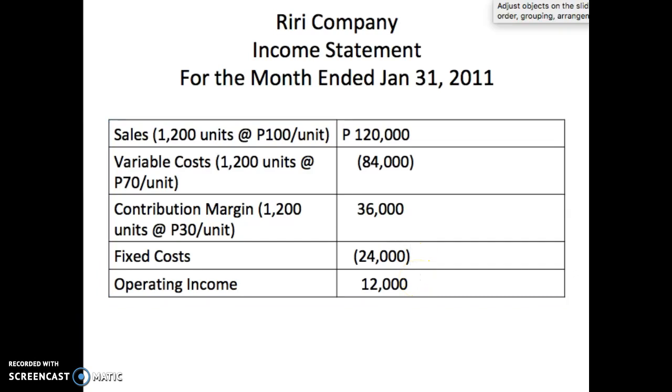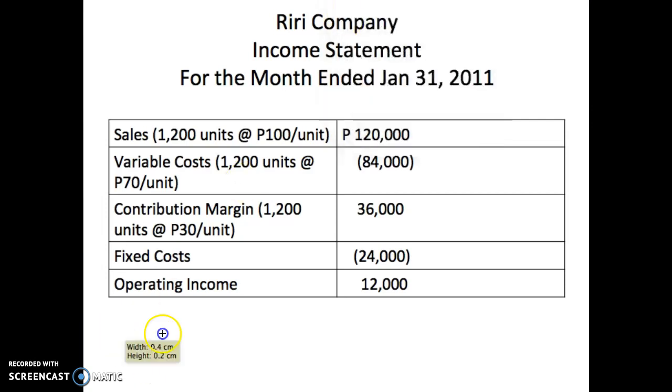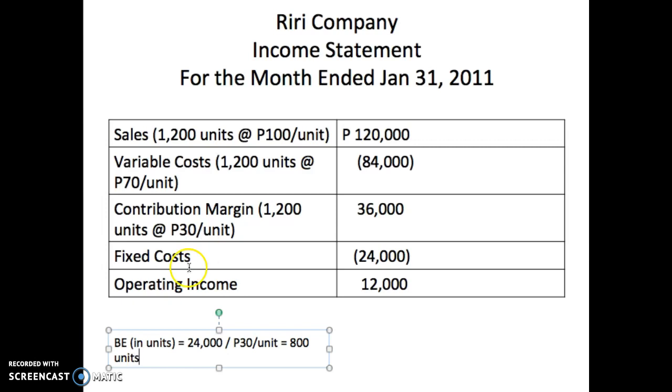Now, if we want to compute the break-even point in units, applying the formula, we divide the fixed cost by the contribution margin per unit, which is 30 per unit. That will give us 800 units. Meaning, to break even, we need 800 units.